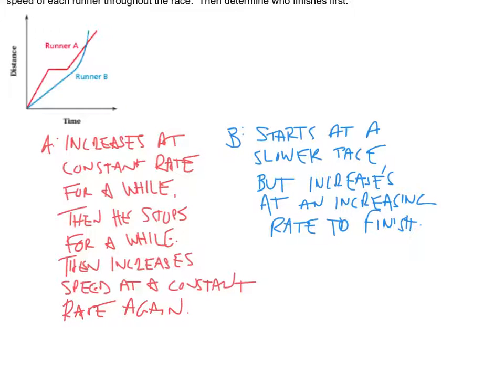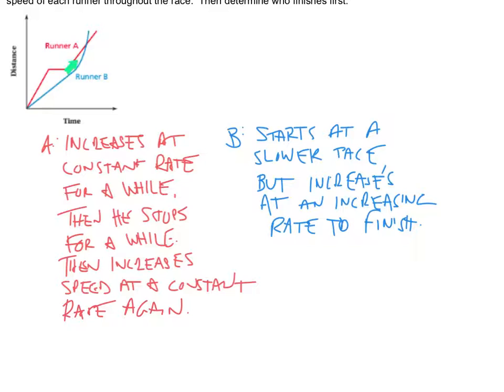So, when I look at runner A, he is increasing his distance at a constant rate. His change in y over change in x is the exact same slope. He's going at a same steady pace. Then he stops for a little bit, so his distance doesn't change even though time does.